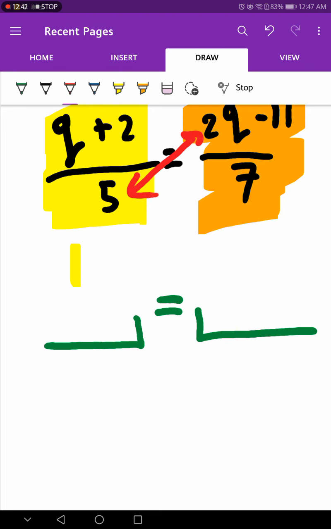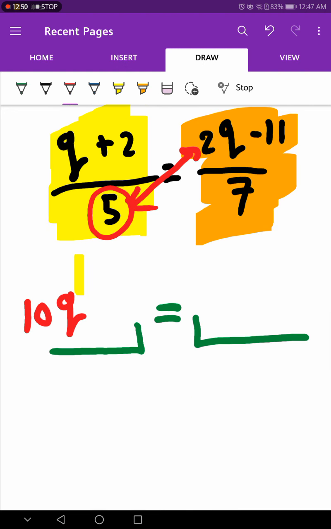5 multiplied 2Q, it is 10Q, and 5 multiplied, don't forget to multiply by the number also. You multiply the 5 by this and this, remember, very important. So 5 multiply negative 11, it is negative 55. We are done from the left side.